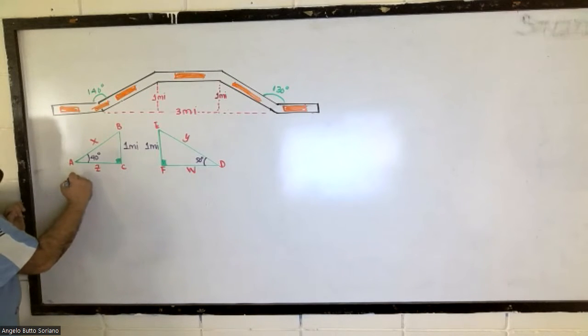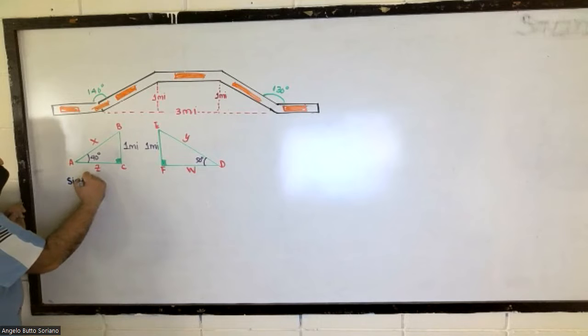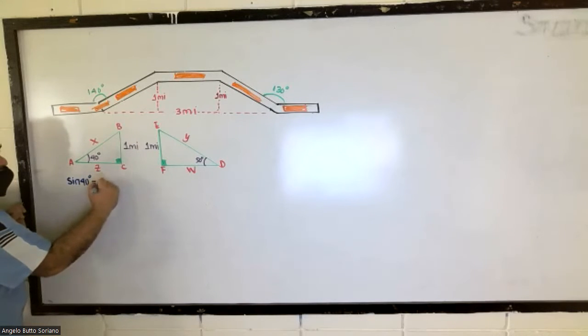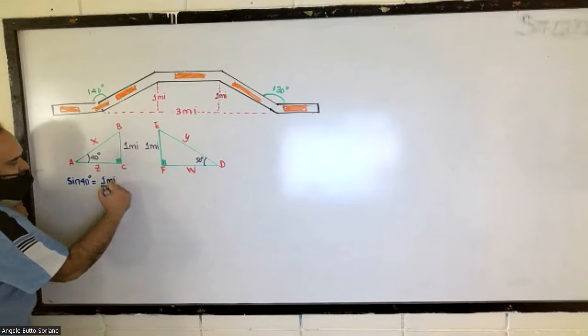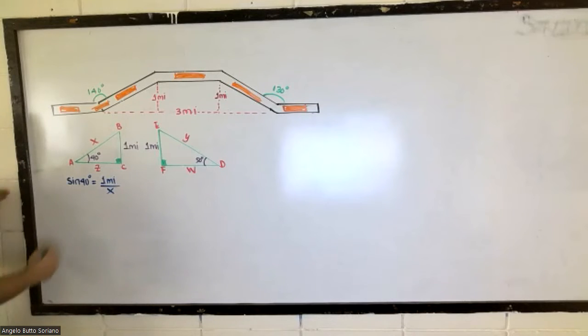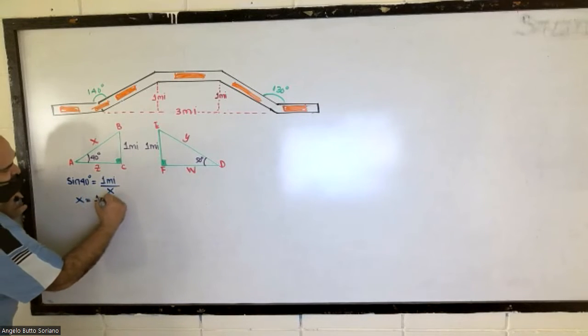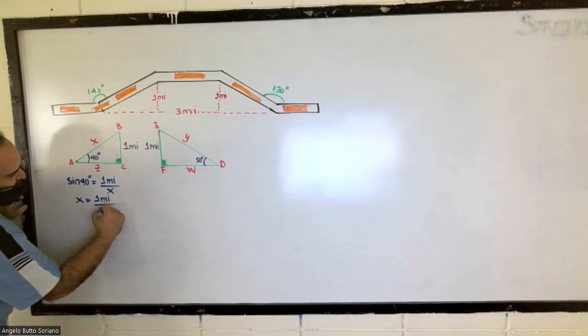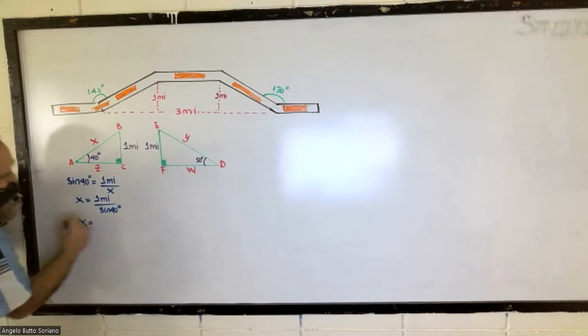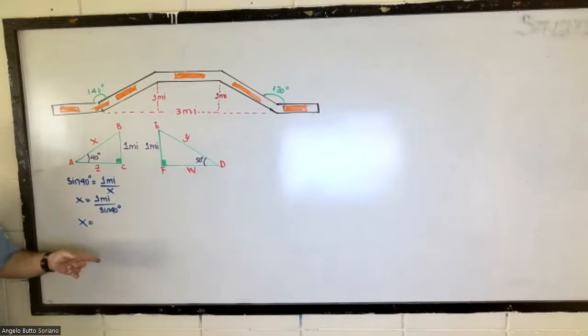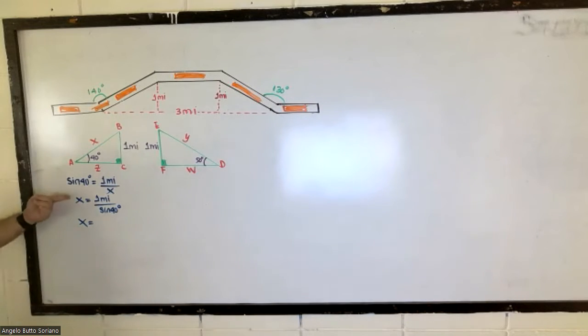So we can use sine of 40 degrees, that will be equal to 1 mile over X. To find X, the X value will be equal to 1 divided by sine 40 degrees.